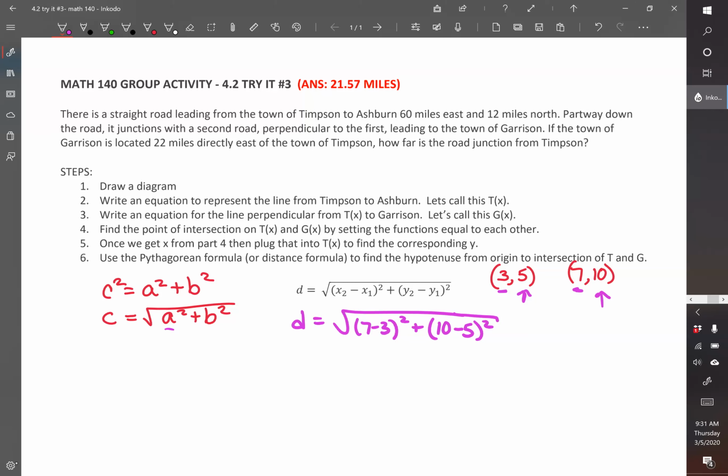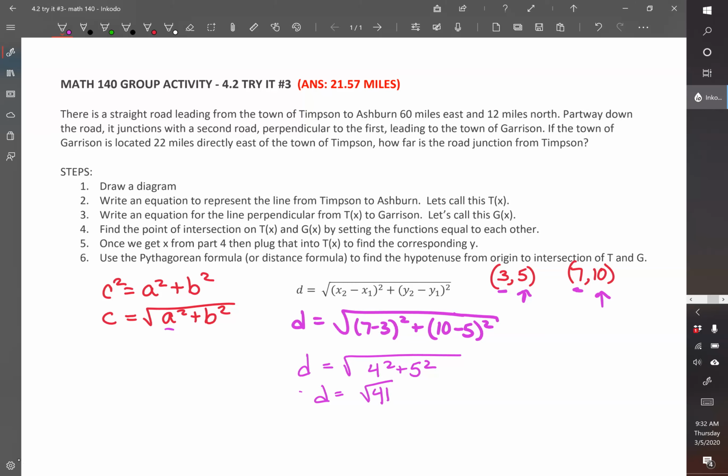I don't have to write it out like this. So this would end up being d equals square root of 4 squared plus 5 squared. And then calculate that out. And we would get 16 plus 25. And so we're going to get d equals the square root of 41.